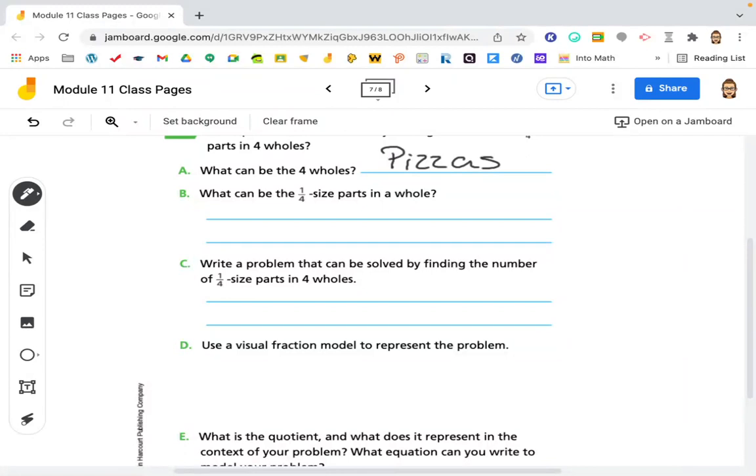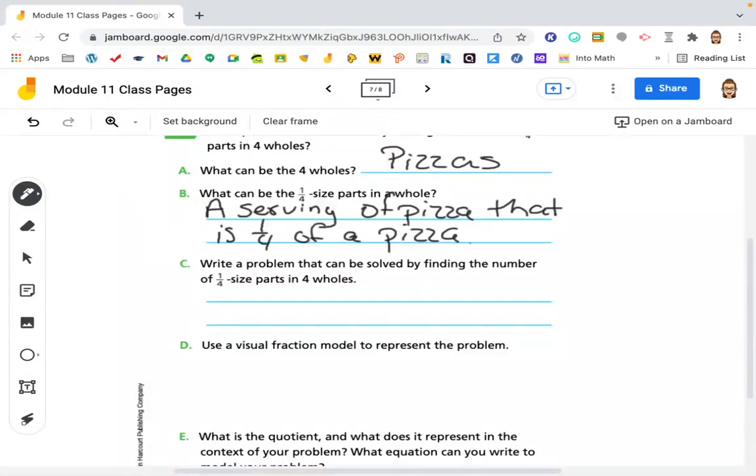And it could be a serving of pizza that is 1/4 of a pizza. So this is a problem that could be solved by finding the number of 1/4 size parts in 4 wholes.